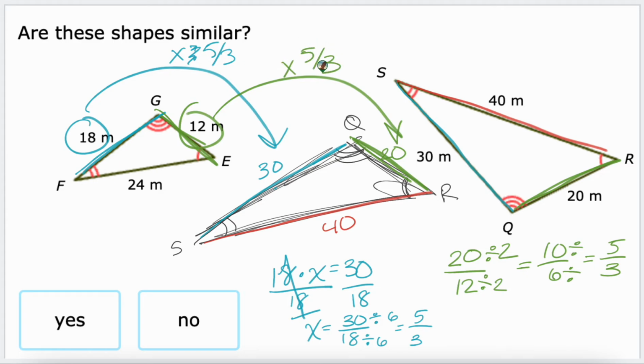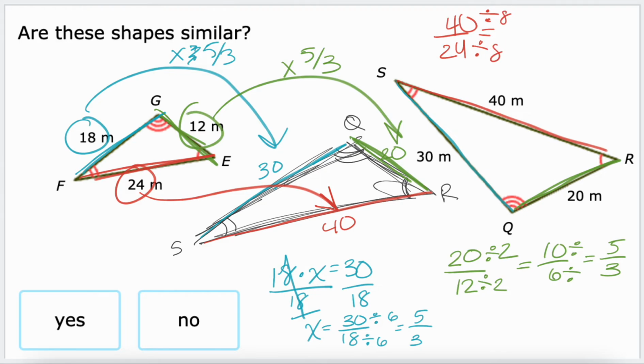So let's take a look at our last and final side, our red side. What did we multiply 24 by to get to 40? So again, 40 divided by 24. I know that both of these are divisible by 8 actually. 8, 16, 24. Yep. So let's divide them both by 8. So 40 divided by 8 gives us 5, and 24 divided by 8 is 3.